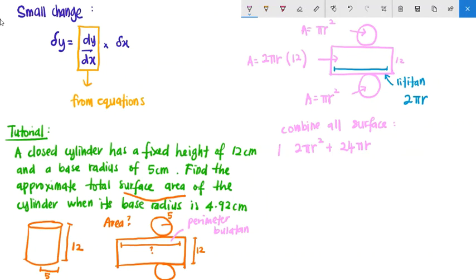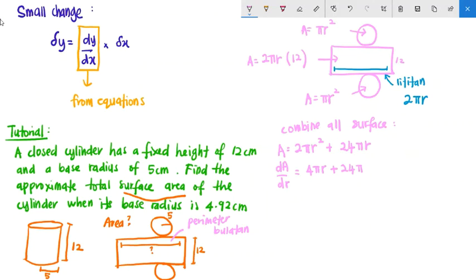Okay, this is all total area. Okay. So ada dA over dr is equal to 4 pi r plus 24 pi. Correct? Okay.